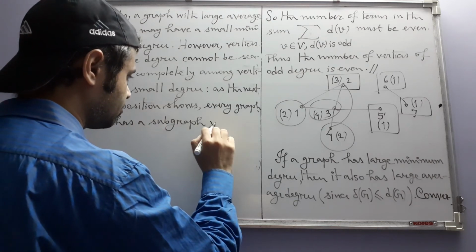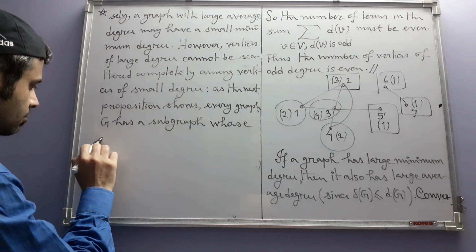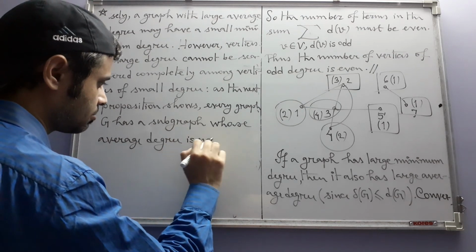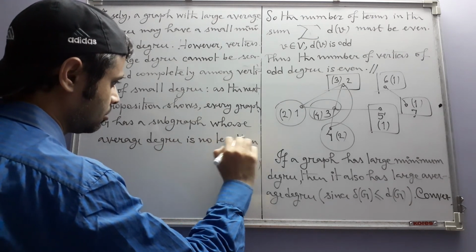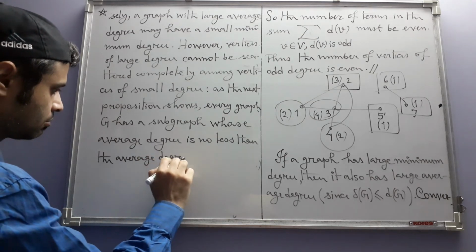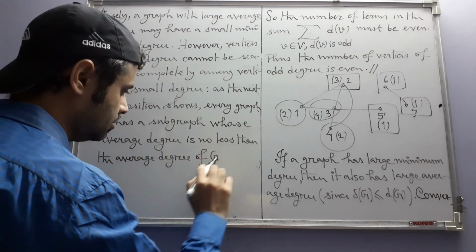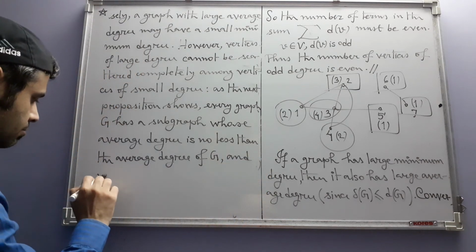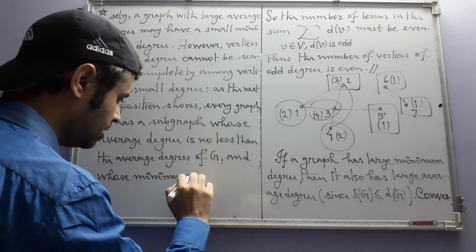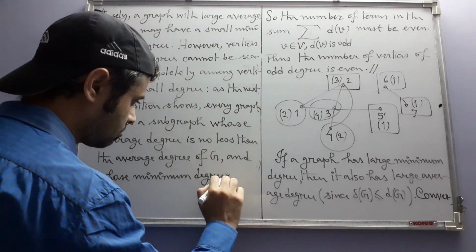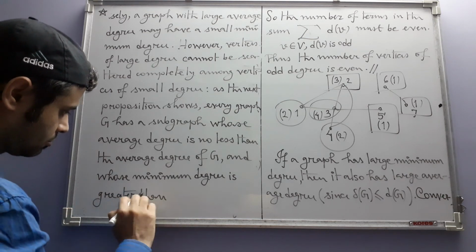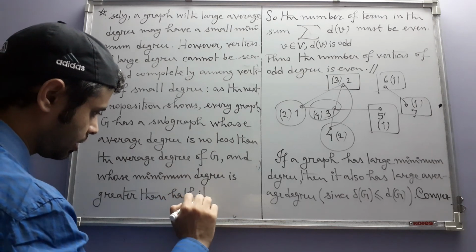Every graph G has a subgraph whose average degree is no less than the average degree of G and whose minimum degree is greater than half its average degree.